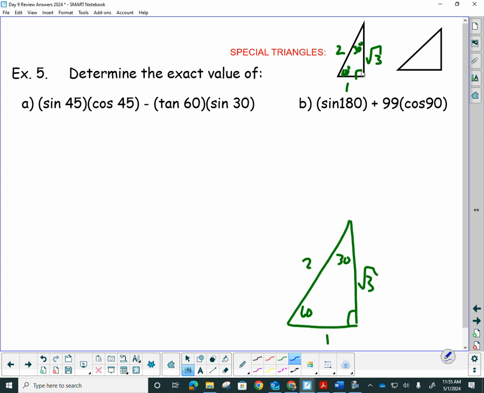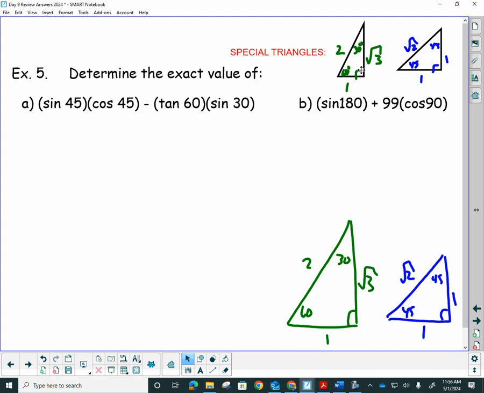And the other one is the isosceles right triangle, 1, 1, root 2, and it's 45 and 45. Again, I'll make it a little bigger over here. 1, 1, root 2, and 45. We really don't have to label both 45s, but nonetheless.